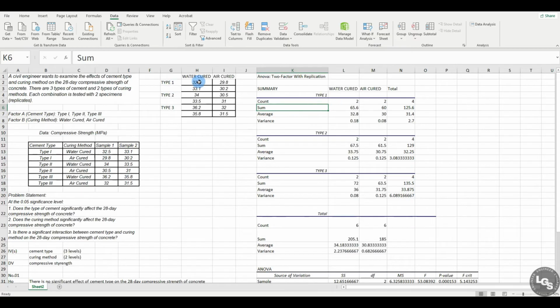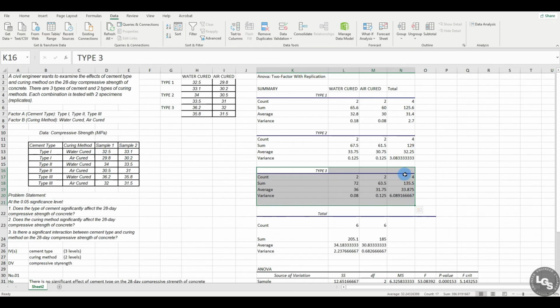For the sum, that is the total of the compressive strength for water cured, also for air cured. The average, that is the sum divided by the count. For the variance, that is computed already, that is the sample variance for each curing method. So same with type 2 and type 3.